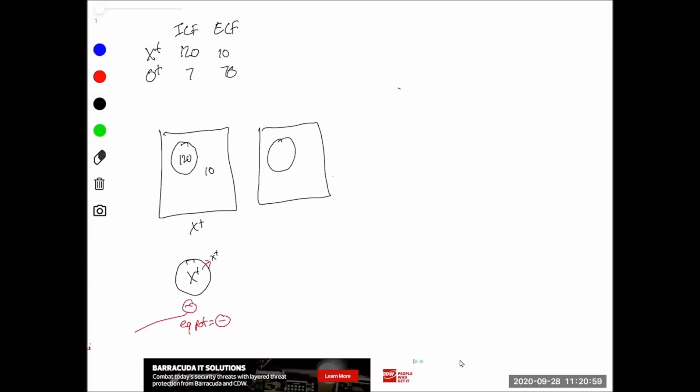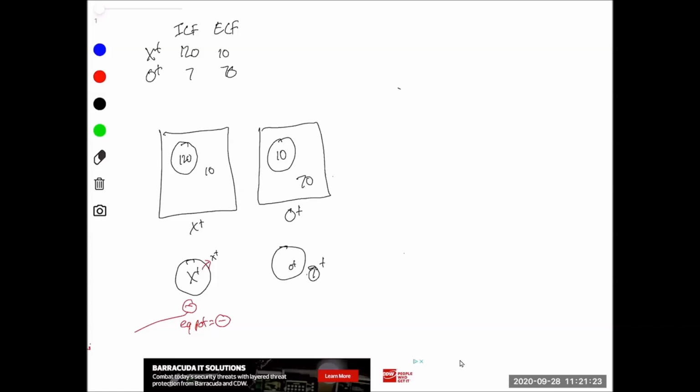From the table, we can see inside it's 10 millimoles and outside it's 70 millimoles. So for O plus, we have 70 outside and 10 inside. If I draw my cell, I have 70 outside, which means I'm going to get a big O plus outside and a little O plus inside.